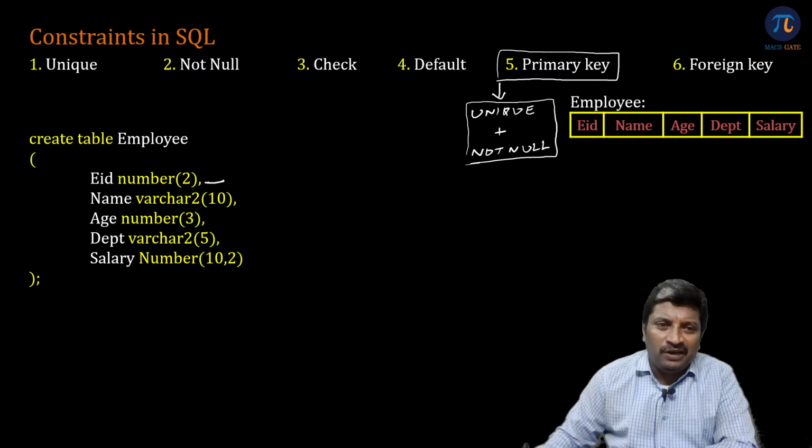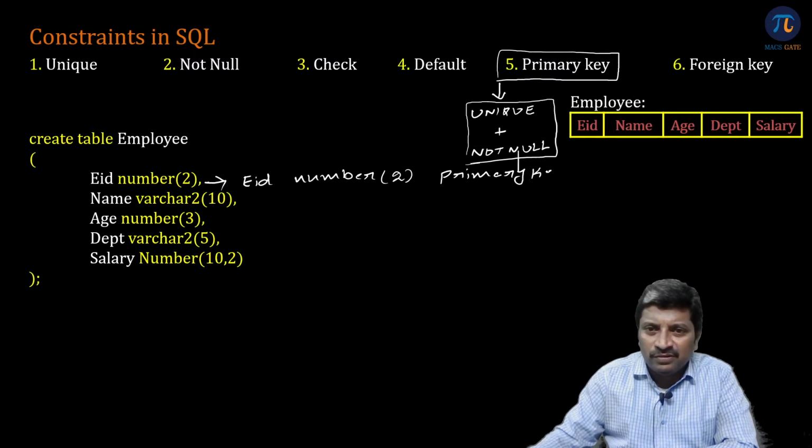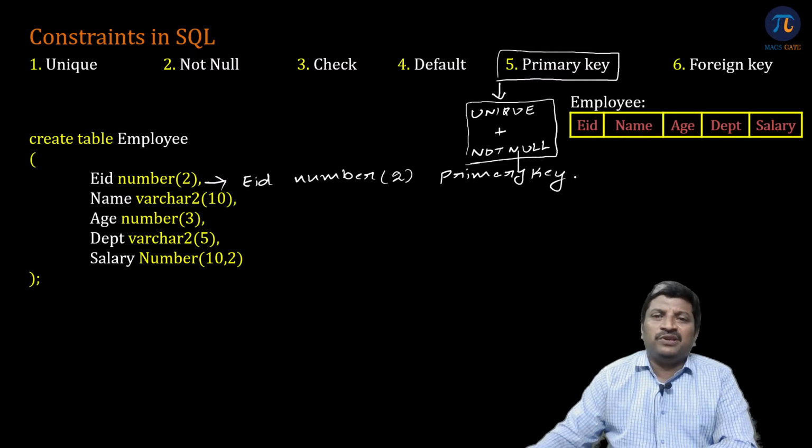Suppose employee ID, I want to make it a primary key. Then what should I do? So employee ID number of 2. At the end, we write primary key.